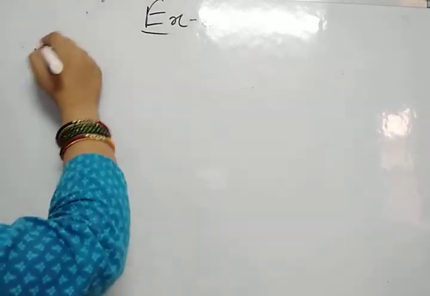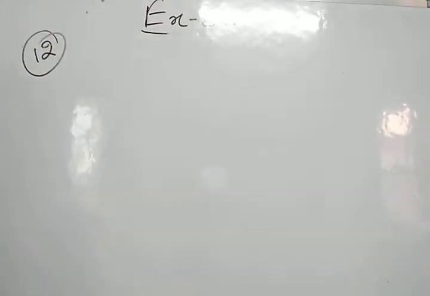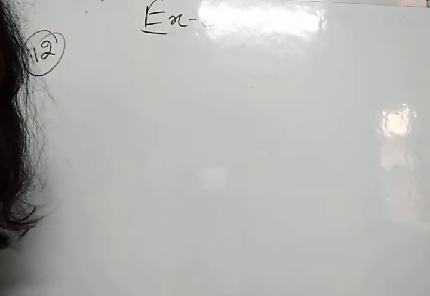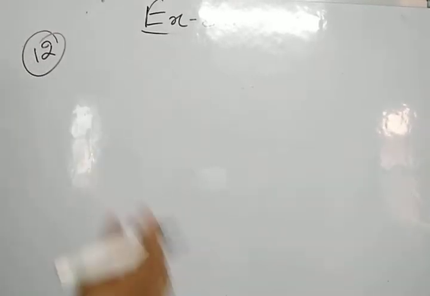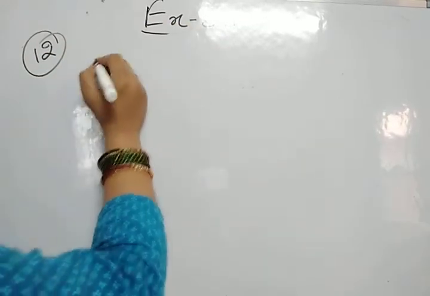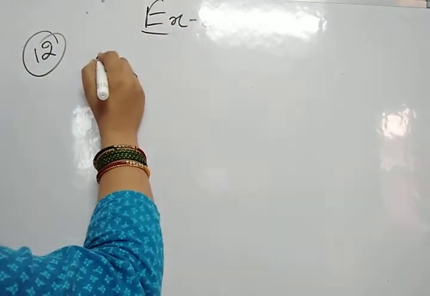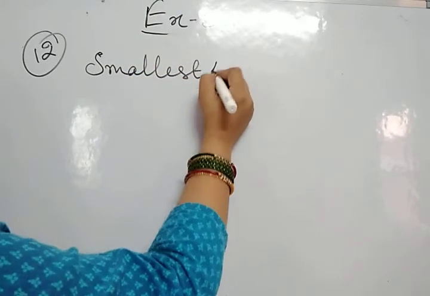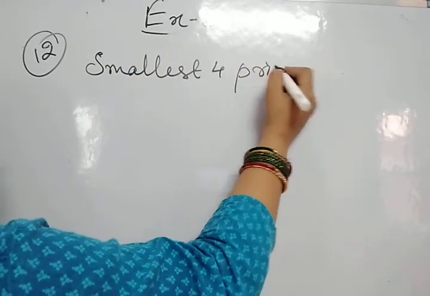Now come to the 12th question. I am the smallest number having 4 different prime factors. Can you find me? Yes, we can find it. First we will find out the smallest 4 prime numbers.